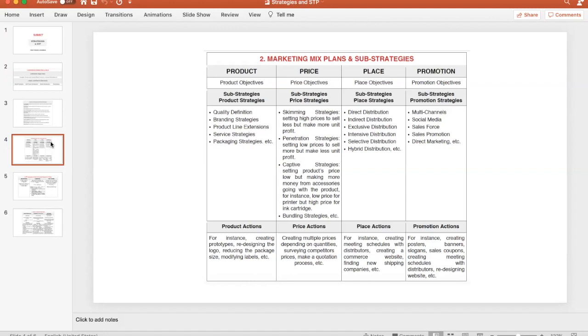In that situation, it's the same thing: how many communication channels you're going to use, one or multiple channels, using social media, having a sales force, and thinking in terms of incentivizing people to buy your product, and when you do it, and how often you incentivize, and how big your discount is, because having a big discount can also be a problem, in the sense that people don't see your price as being real. They see the discount price as being the real price.